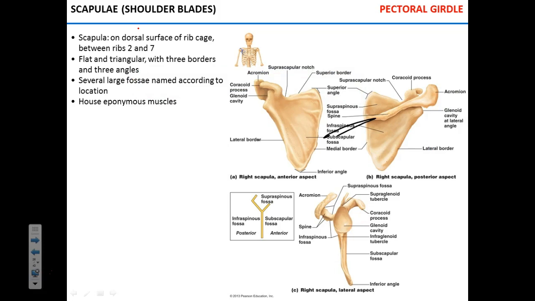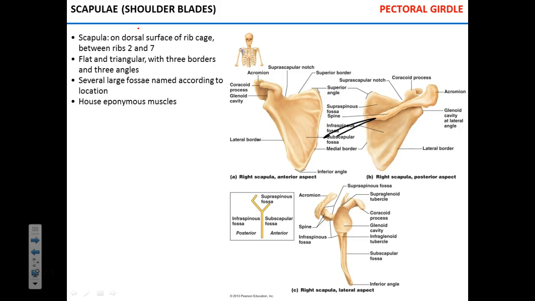Now the scapula is located on the posterior surface of the rib cage. If you look at the scapula, there are many elements associated with it. First of all, two processes, acromial and coracoid.